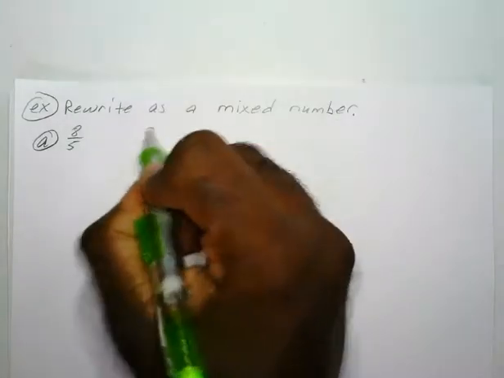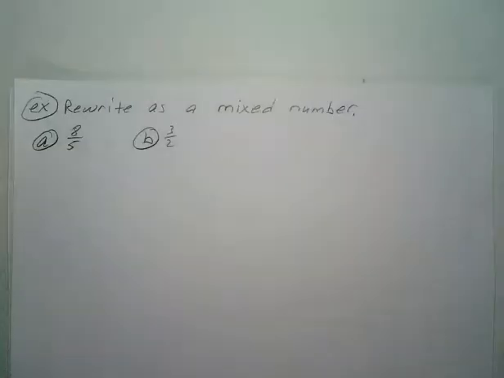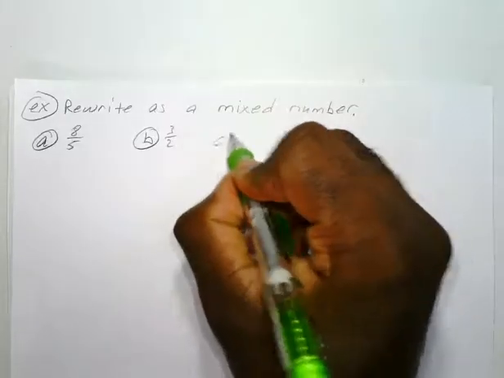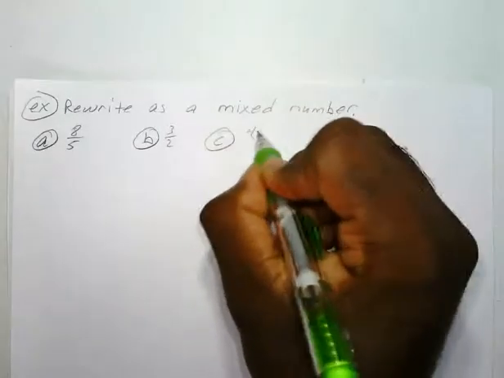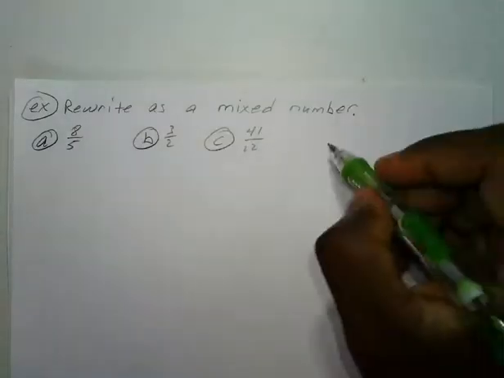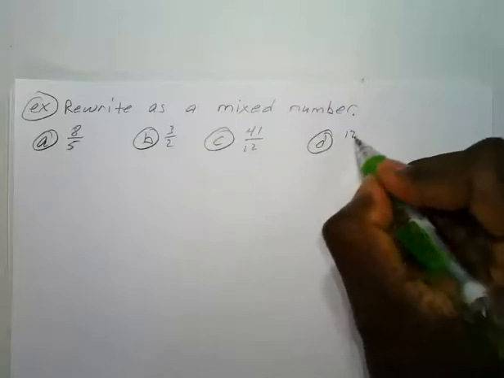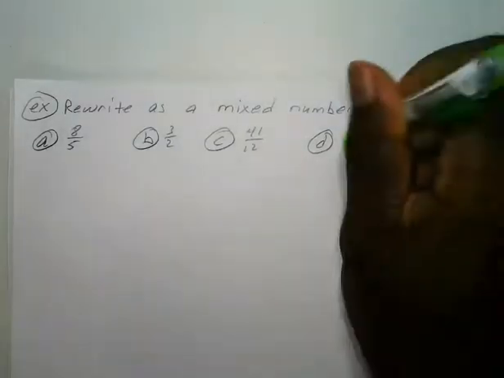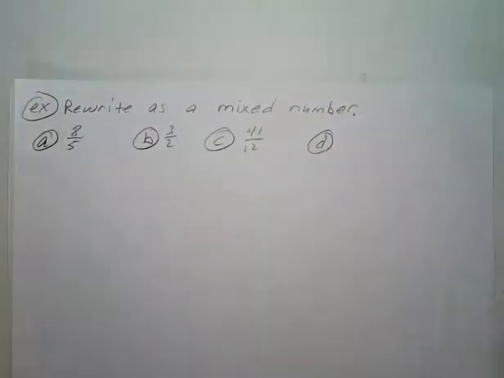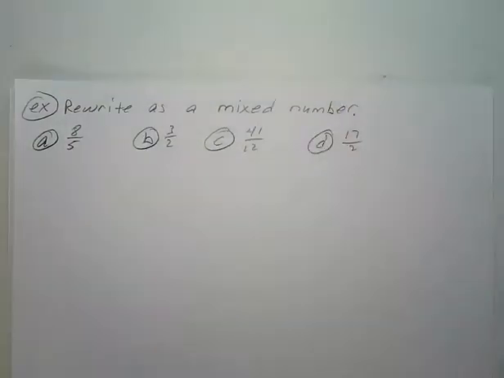For problem B, we have our 3/2. For problem C, we have 41/12. And for problem D, we have 17/2.